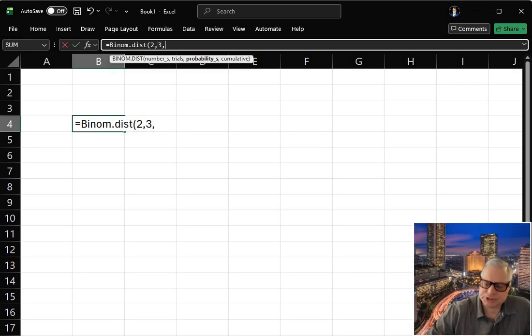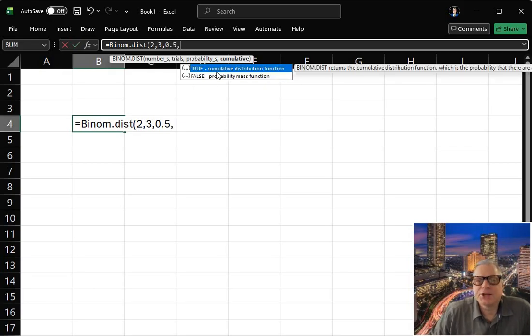So now what's the success probability? 0.5. And then Excel wants to know, is it cumulative or exactly? If you want to know exactly the probability of getting exactly 2 girls, we would say 0 or false. 0 is false.